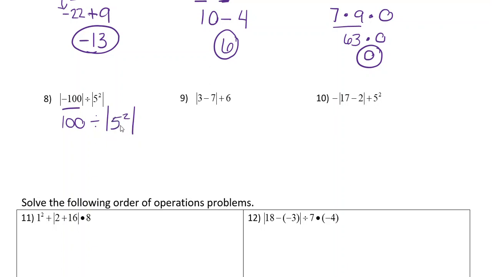So I need to solve that exponent first before I can take it out of absolute value. So now I have 100 divided by, and then if I solve 5 squared, that's 5 times 5, not 5 times 2, which is 25. And then you can think, okay, well, the absolute value of 25 is 25. So what's 100 divided by 25? And that leaves me with 4.